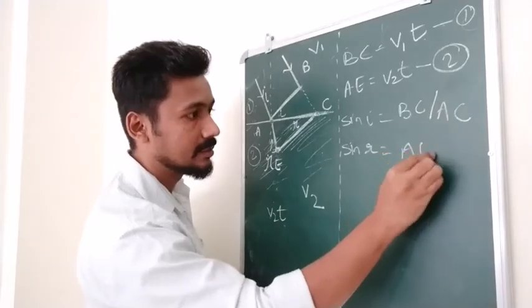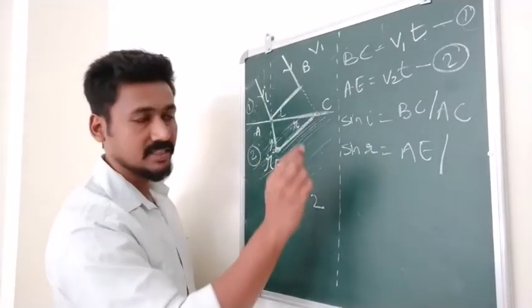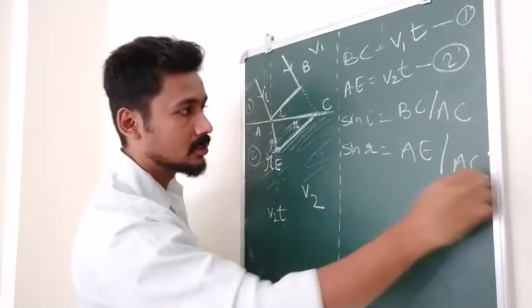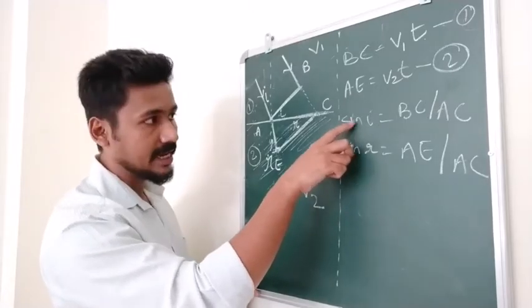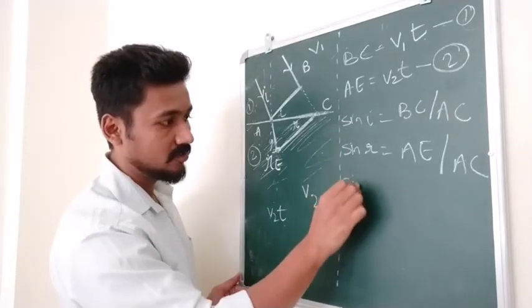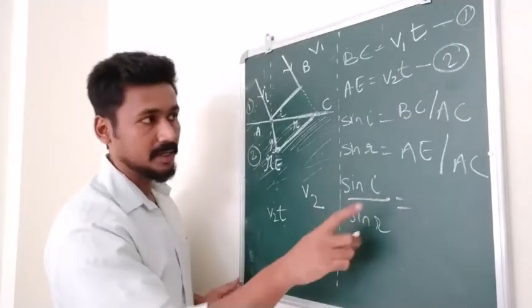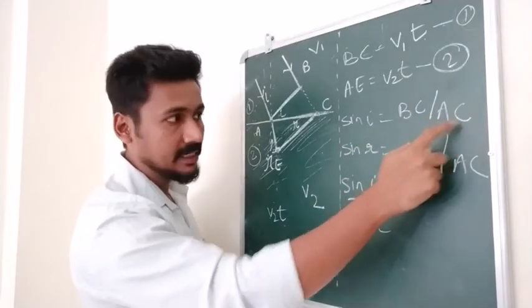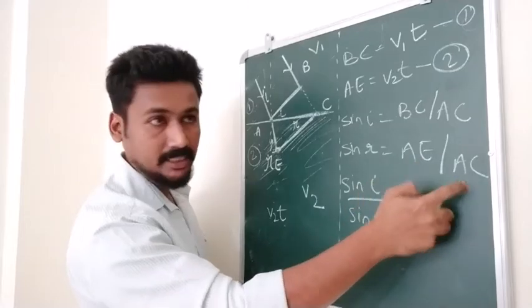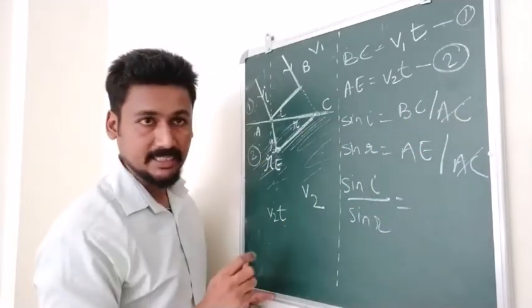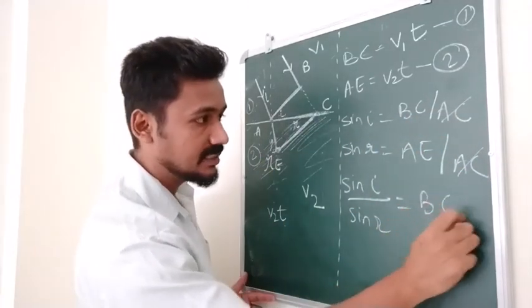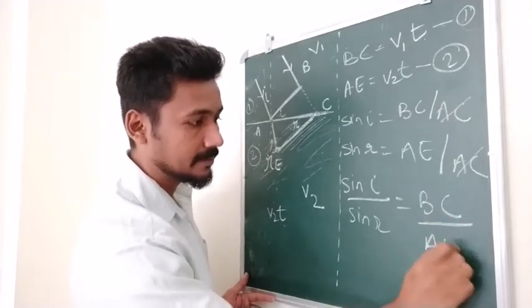AE divided by the hypotenuse, which is once again AC. So if you find sine I by sine R, it will be equal to BC upon AC divided by AE upon AC. So you will see that AC gets cancelled. You get BC upon AE.